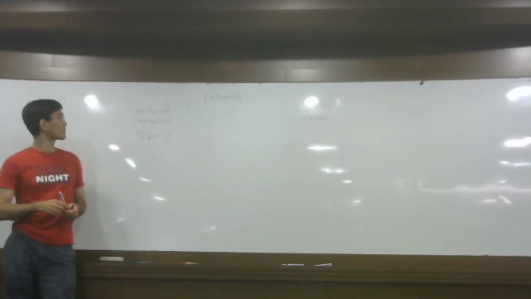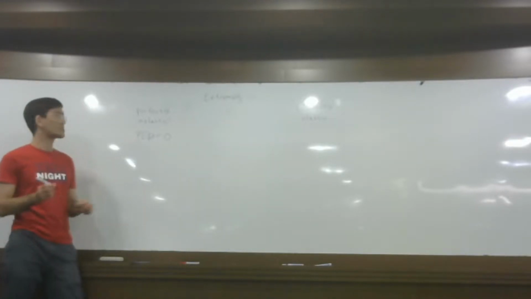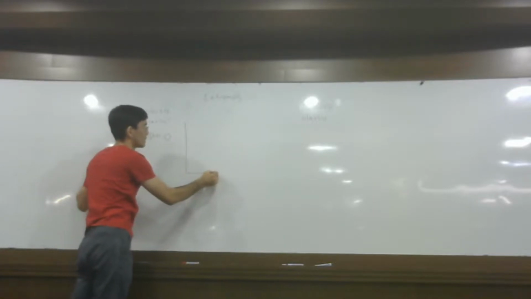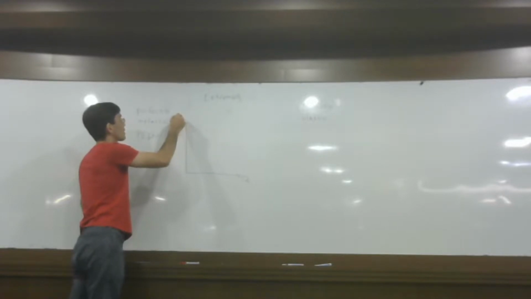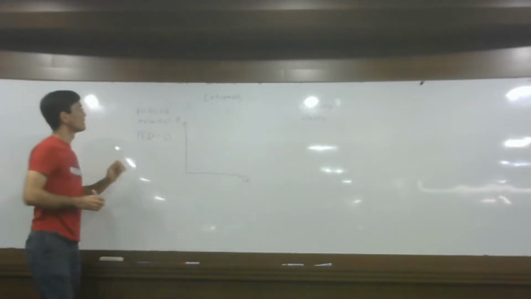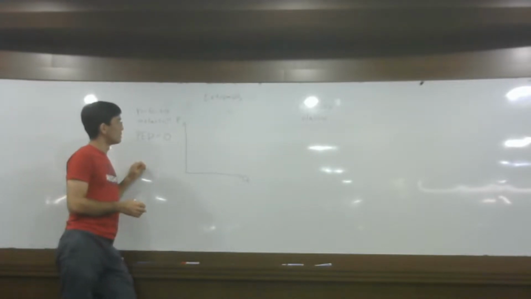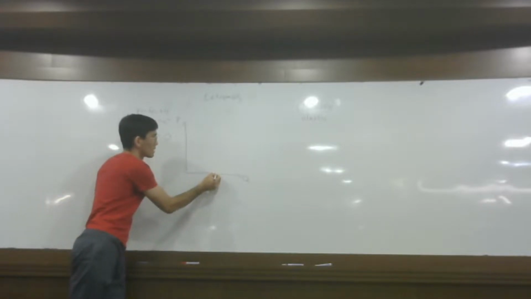So how will that look on a chart? Let's see what the quantities are. Let's see what the prices are. Basically, at this price, let's say the quantity demanded is this much.